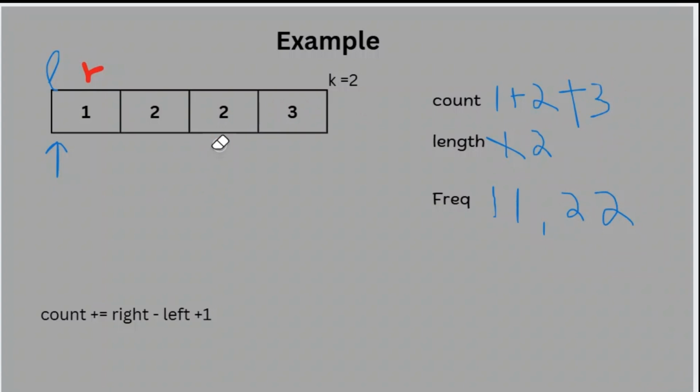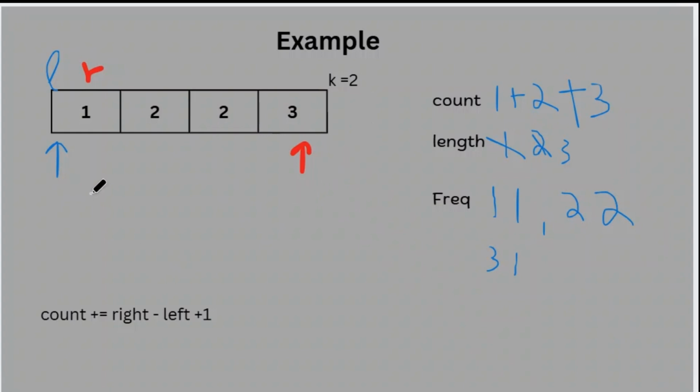Next, the right pointer is incremented and it points towards 3. Now a new element is added to the frequency table, which is 3, which occurs one time. When this happens, the length will be changed to 3. Now 3 is greater than the k value.